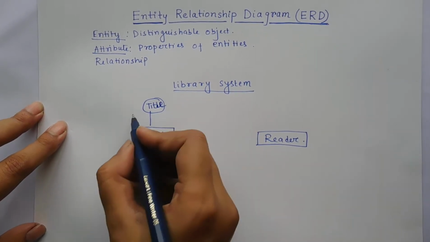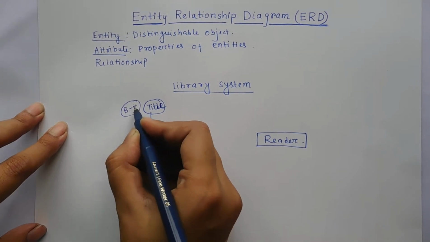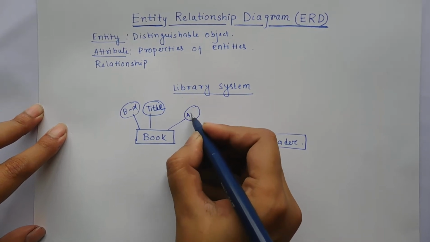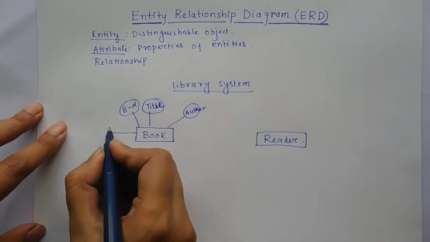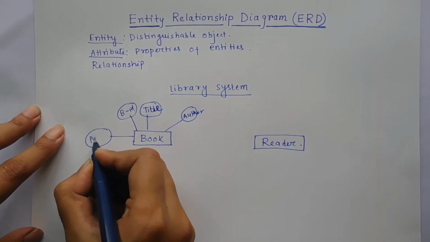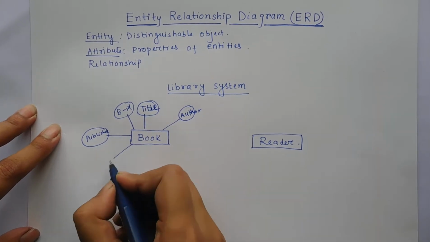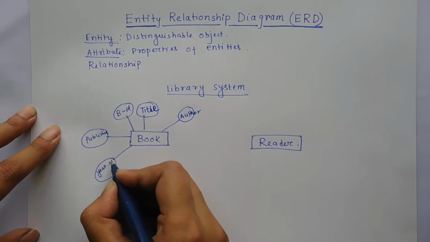So title, or book ID, identification number, then the author. Next is publisher, or year of publication. This is another attribute.